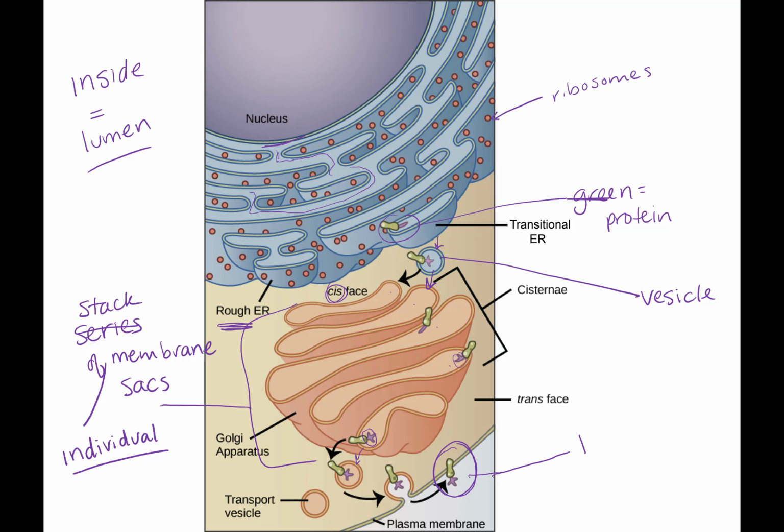This is an example of a transmembrane protein, which we will talk about in Chapter 5, but I like to make sure you're getting exposure to the vocabulary because it crosses the membrane. Right? So it's trans across the membrane and it's a protein, and it did not get secreted. It just became part of the plasma membrane. So this might be a receptor molecule or something else for cell communication or cell signaling.